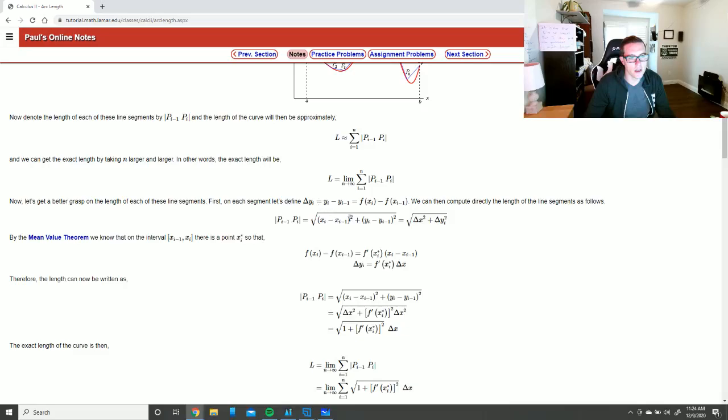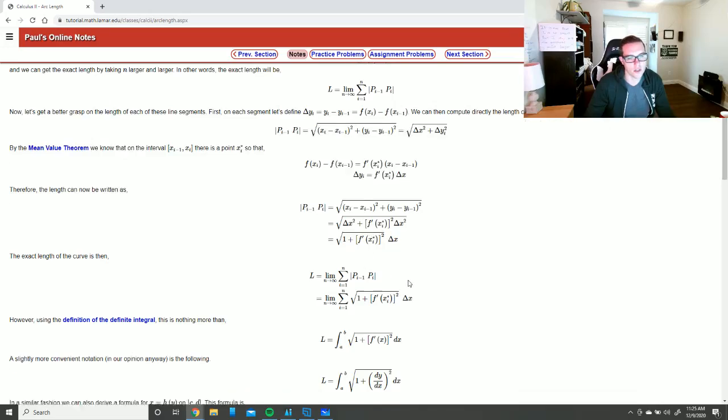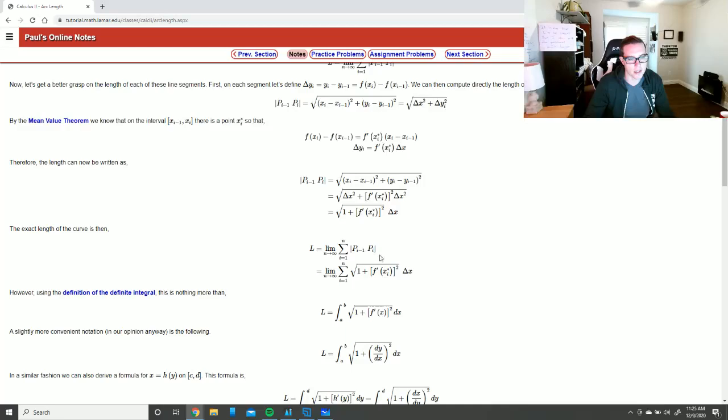And then using this notation, they basically say the change in y can be written, using the mean value theorem, as really the derivative times the change in x. And then they use the definition of what an infinite sum is to get that into an integral.